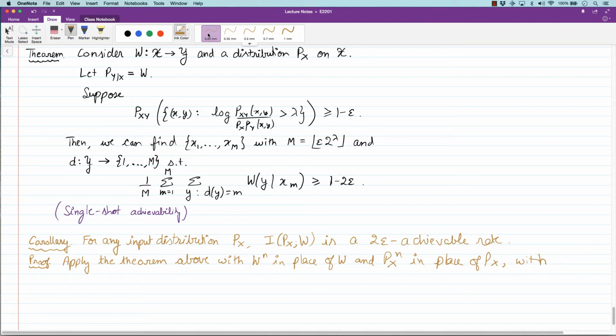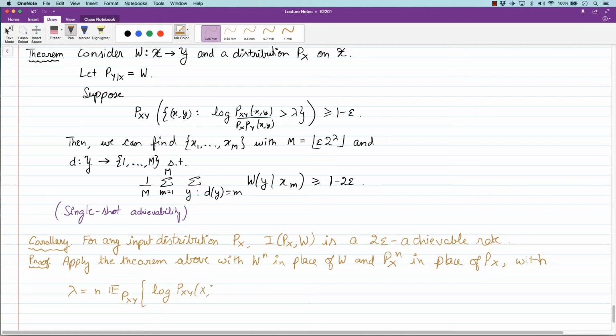So this is the sum of IID random variables, and therefore it concentrates around its expected value. So with lambda equal to n times the expected value of log, the expectation is with respect to the joint measure, because that's what the probability outside here is.